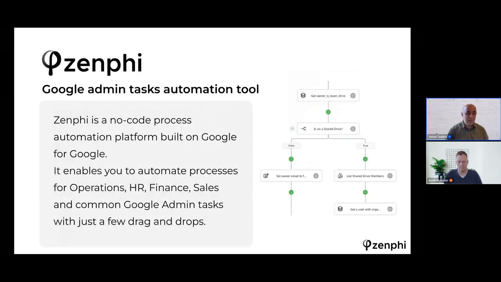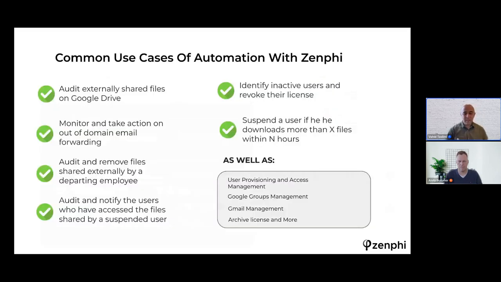For the people who may not be familiar with Zenphi, Zenphi is a process automation platform. You can use Zenphi to automate various types of processes in your organization, including IT administration. Specifically for today's topic, these are some of the most common use cases we have seen for our users on Google Workspace.